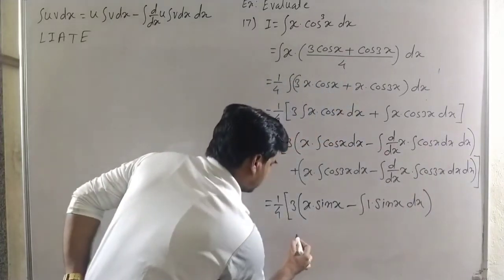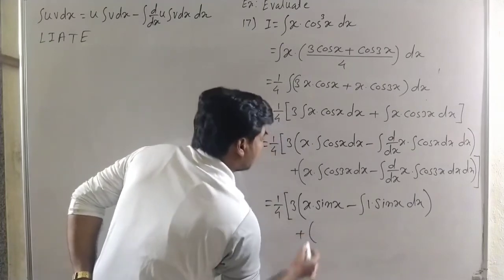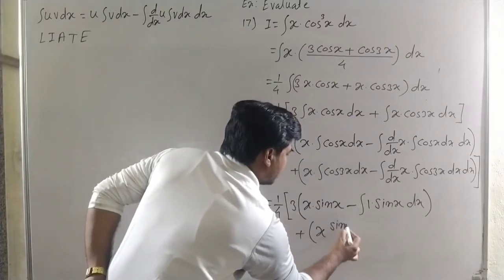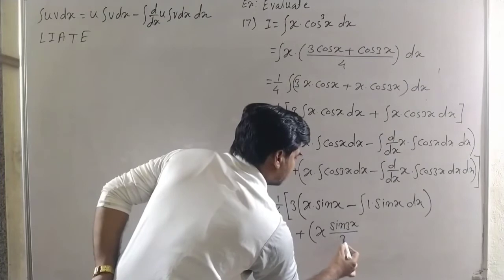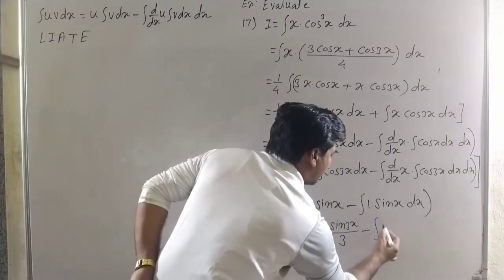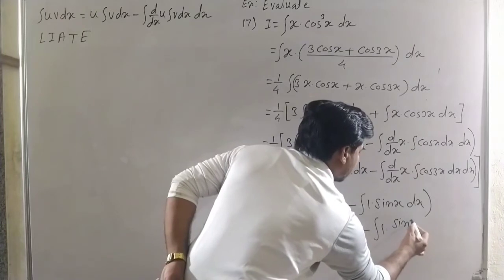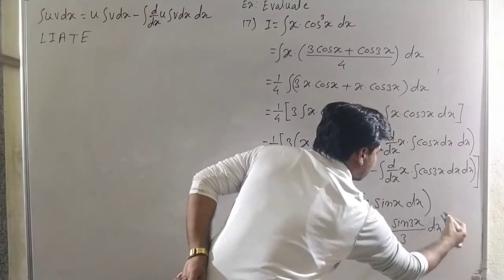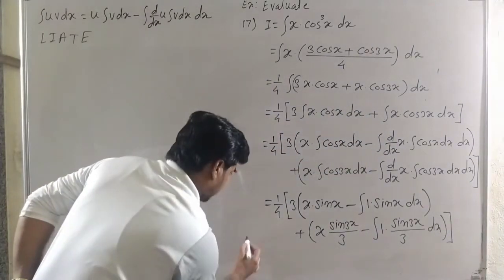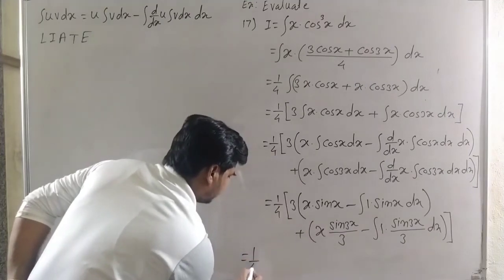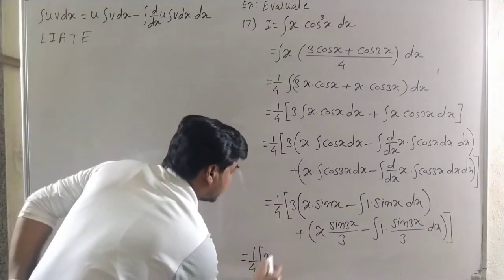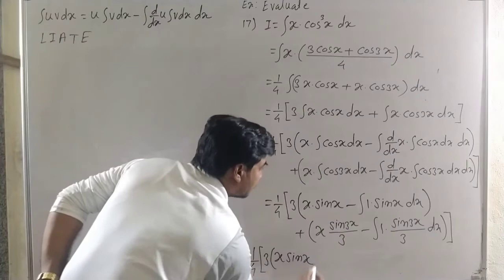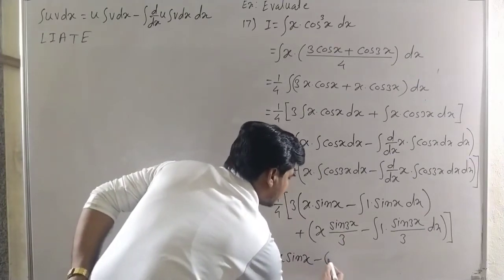And plus, we can write here x into integral of cos 3x, which is sin 3x upon 3, minus integral of 1 into sin 3x upon 3 dx. Now see carefully, it is 1/4 into 3 into x sin x minus cos x.